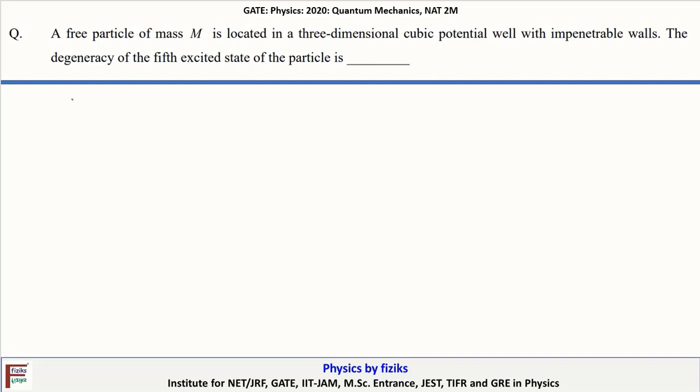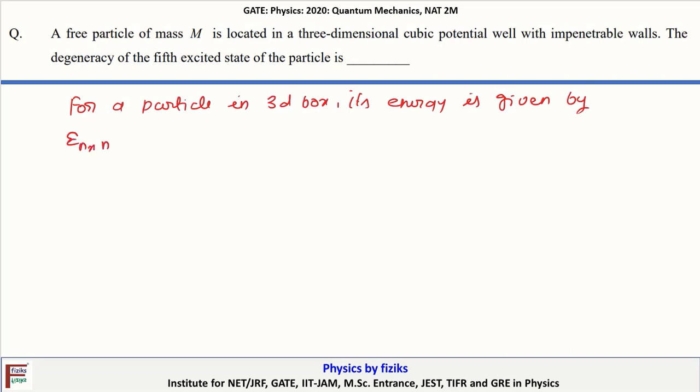Now, for a particle in a 3D box, its energy is given by E(nx, ny, nz) is equal to pi square h bar square by twice m a square into (nx square plus ny square plus nz square).